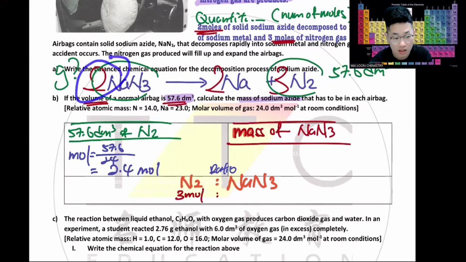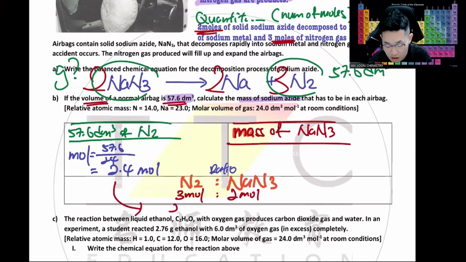NaN3 is a 2, so I write 2 mole. Then you bring the number that you calculated down here, 2.4 mole. If the ratio is 3 to 2, 2.4 is to, can I have the answer, please? Wow, 1.6, very good.